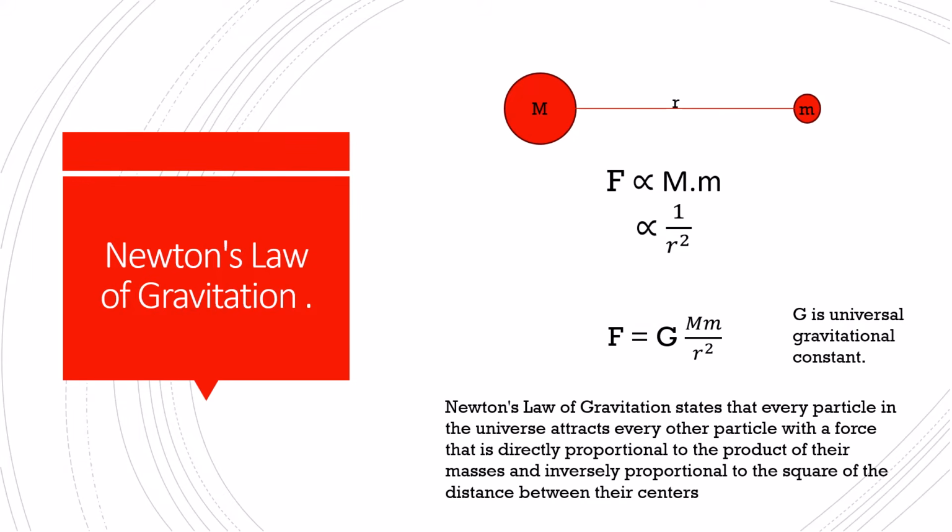So Newton's law reads, every particle in the universe attracts every other particle with a force that is directly proportional to the product of their masses and inversely proportional to the square of the distance between their centers. The universal gravitational constant G has a value 6.6743 into 10 to the power minus 11 meter cube kg inverse second to the power minus 2.